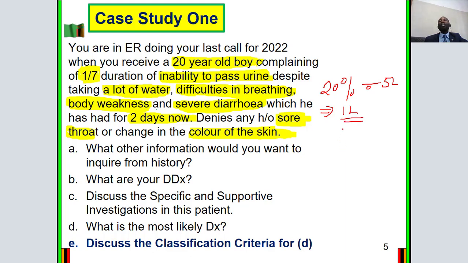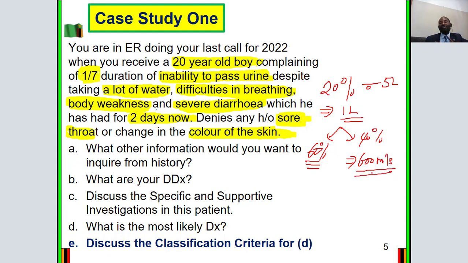And we know the principle that out of this 1 liter, 60% is fluid and 40% is solids, that's where we have the cells. So 60% of 1 liter gives us 600 mils.